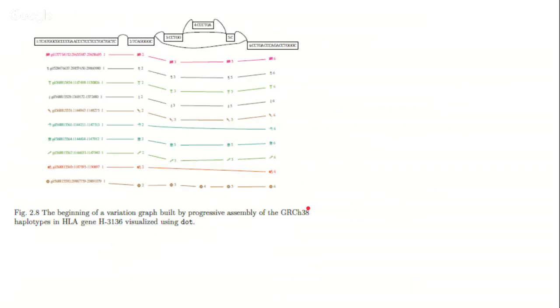One way of representing this, and this is one image in that PhD dissertation, is how different individuals have different paths to go from one bit to another bit of the genome. Here they show one where all these individuals, shown in different colors, have these two stretches of DNA in common.